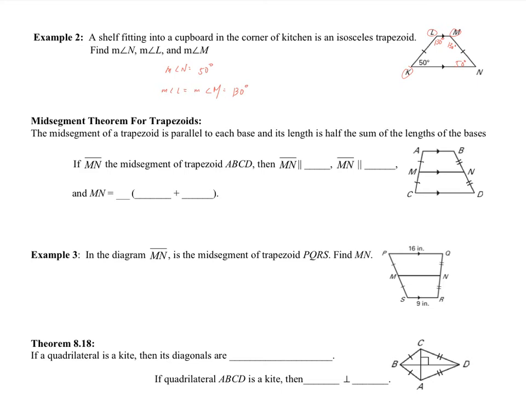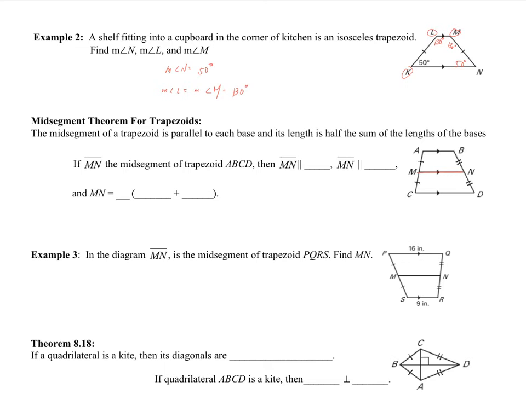Okay, now we're looking at the mid-segment theorem for trapezoids. It states that the mid-segment of a trapezoid is parallel to each base, and its length is half the sum of the lengths of the bases.